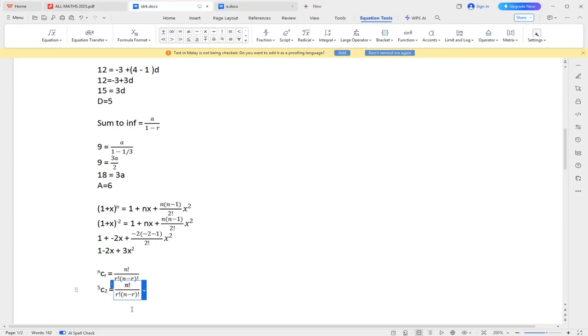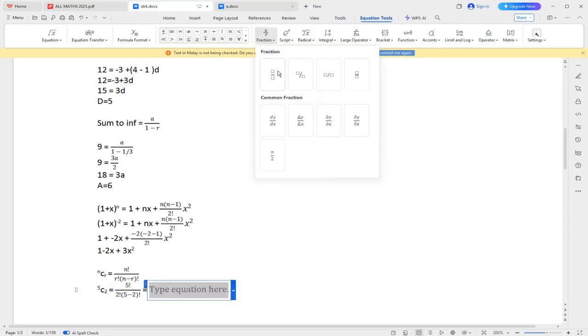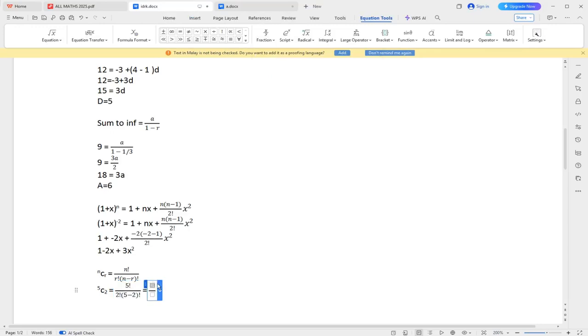Substituting these values in this formula, n is 5 and R is 2. Now this is equal to 5 factorial all over 5 minus 2, that's 3 factorial, times 2 factorial.